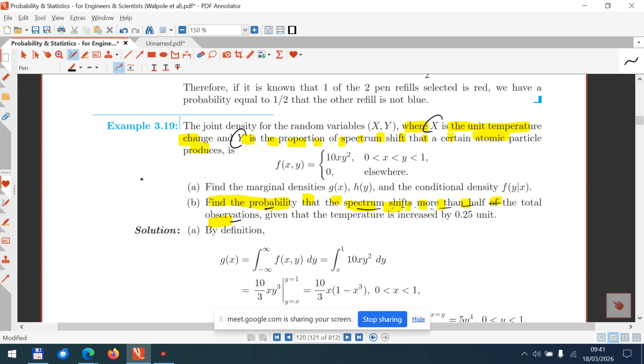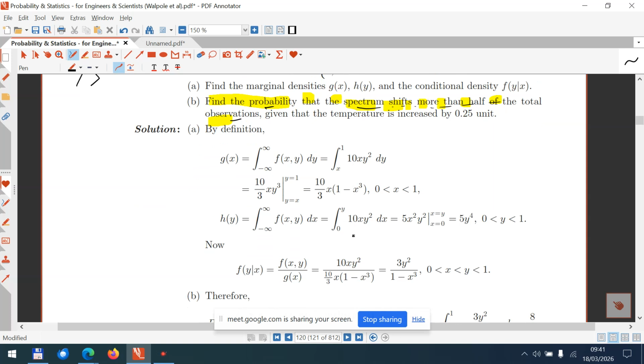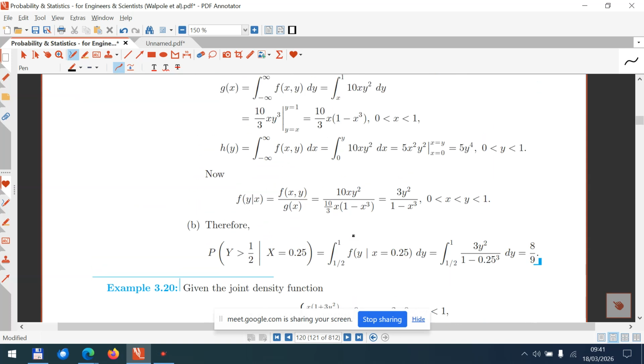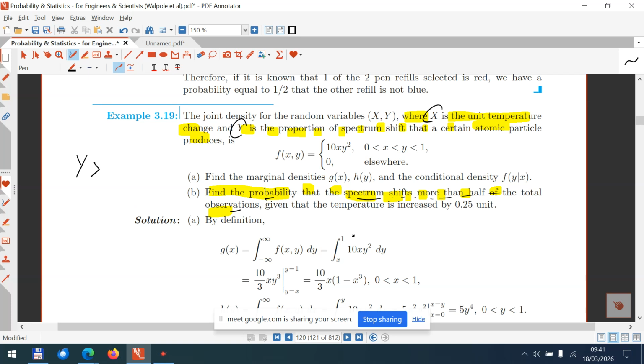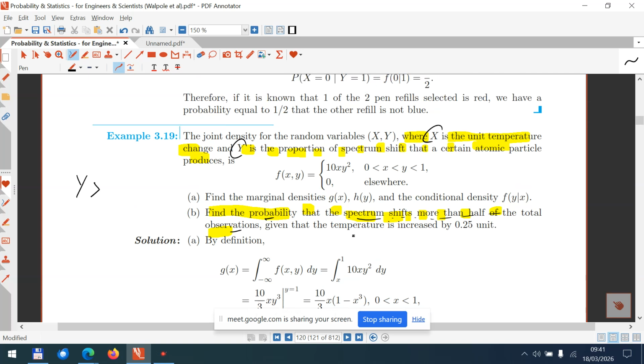So this will require y to be greater than half of the total observations.